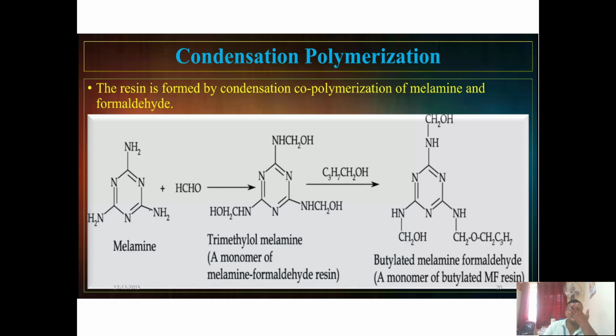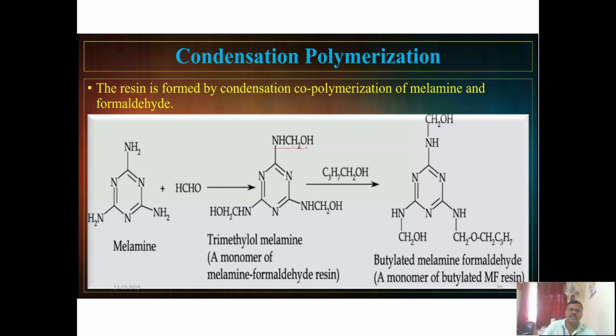When this melamine reacts with formaldehyde, we get the melamine formaldehyde. This is the reaction. What is the reaction? The NH2, very simple. You remove one hydrogen, NH, put it here, CH2O, this hydrogen will come here, so CH2OH, that's it.